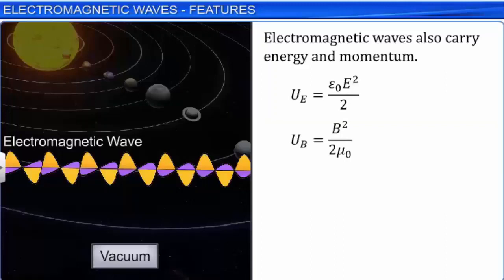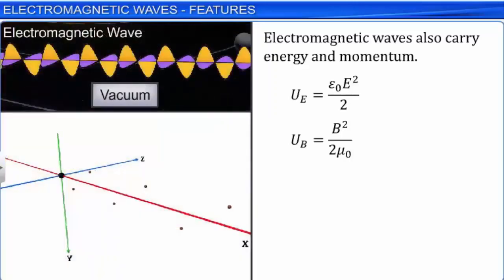As an electromagnetic wave is a combination of electric and magnetic fields, it carries energy and momentum. This presence of energy and momentum in an electromagnetic wave can be understood by considering some charges in a plane which are perpendicular to the direction of propagation of the electromagnetic wave.